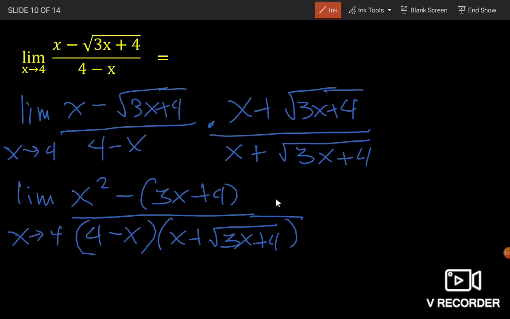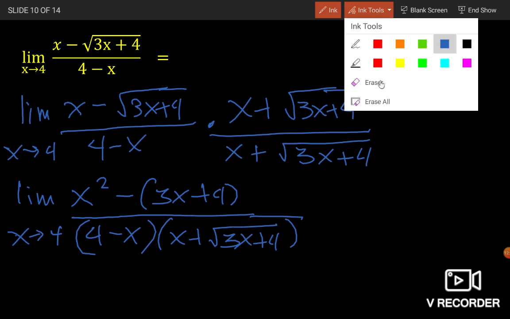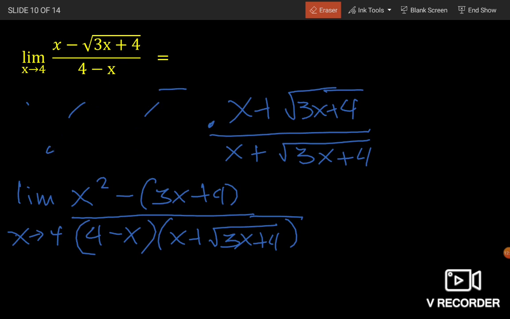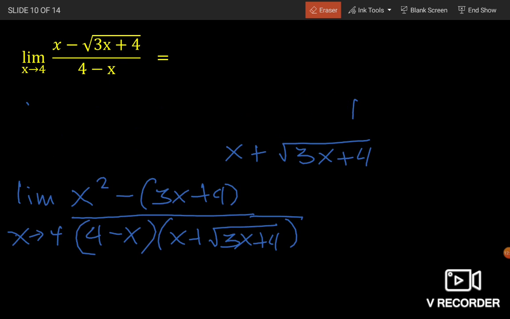Now let me just clean this up a bit so we have more space to work on.